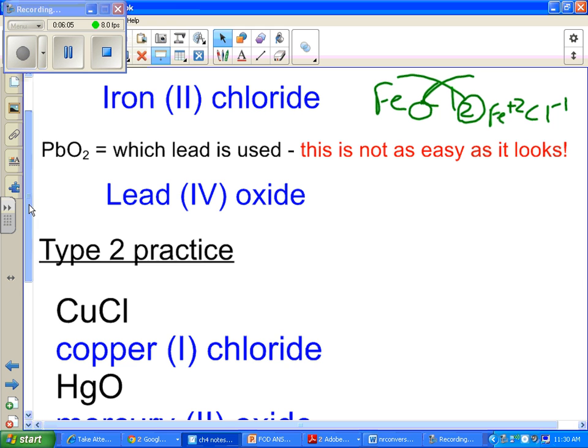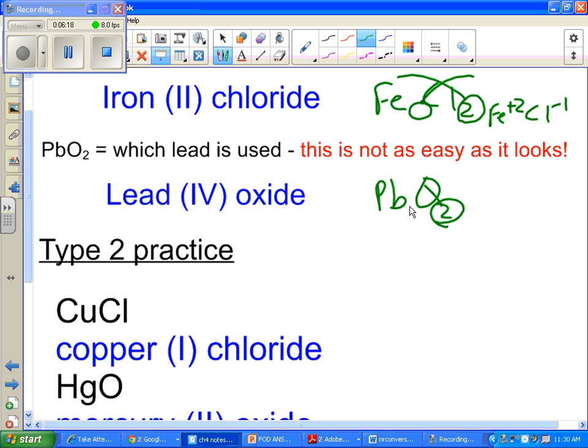Now the next one, oxygen, happens to be a tricky one because watch this formula. It's not as easy as it looks. If you undo this, this 2 came from lead, and this is an understood 1 came from oxygen. So we have Pb plus 2 and O minus 1.